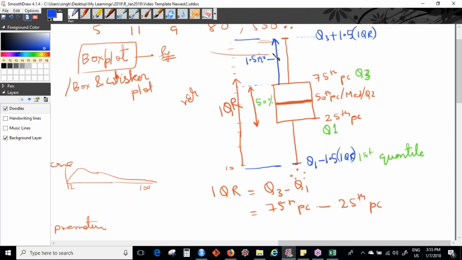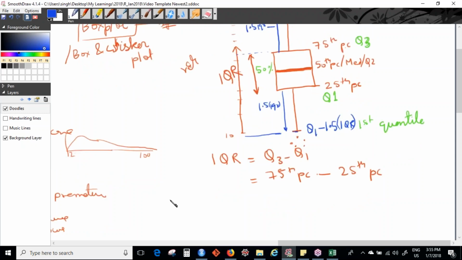On similar lines, just the way you calculated this distance, this is also 1.5 times IQR. And if you have to reach here, you just do Q1 minus this. The theory of statistics tells you that whatever is above this is an outlier, and whatever is below this is an outlier.